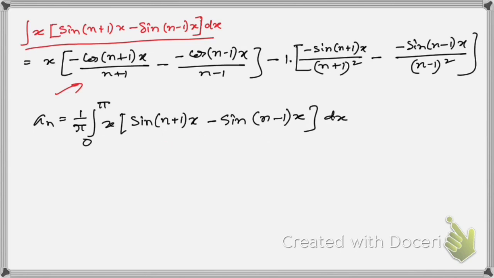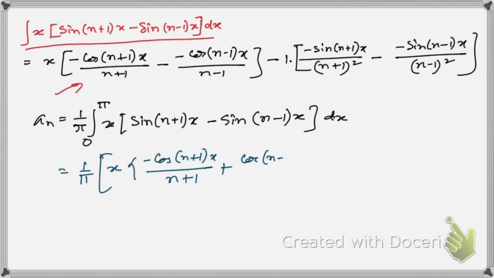So what we can write here: 1 by pi, integration of this part, we have got this result, x times minus cos((n+1)x) by (n+1), right? And this minus, that's going to be plus cos((n-1)x) by (n-1), here x, okay.